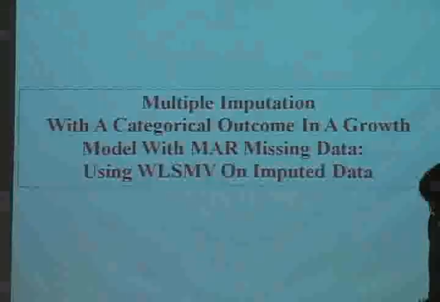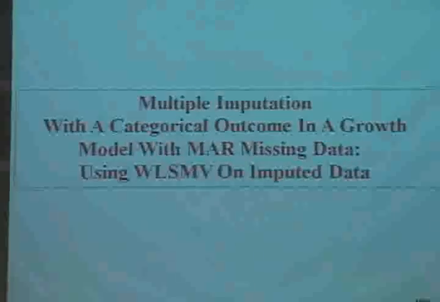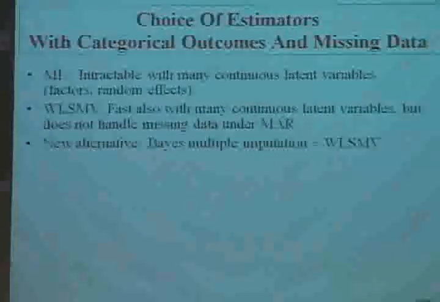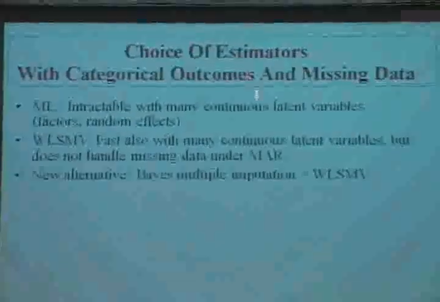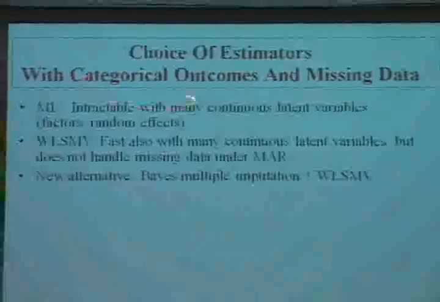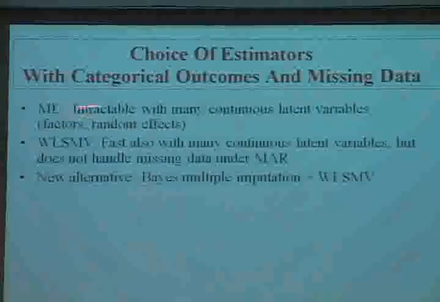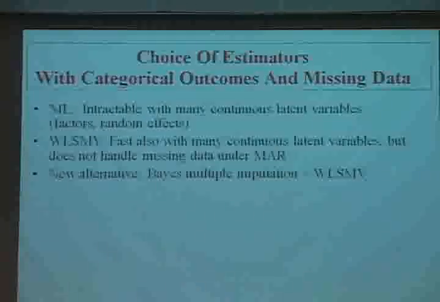So actually, this next example that I'm going to present is kind of the flagship of this imputation business. That's really one of the big breakthroughs for us. So I mentioned it already. With categorical data, you have factors, random effects, and if you have many of these, ML is intractable.